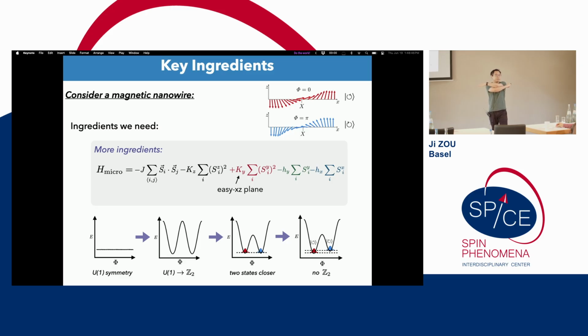They are far away from each other. That's why it's difficult for them to tunnel. One easy way to solve this is to apply a magnetic field in the y direction. So they tilt out of plane and get closer and easier to tunnel to each other. So that's the physical picture, but again, you can also sit down and write down the equation. You will find that indeed you get a suppressed tunneling barrier.